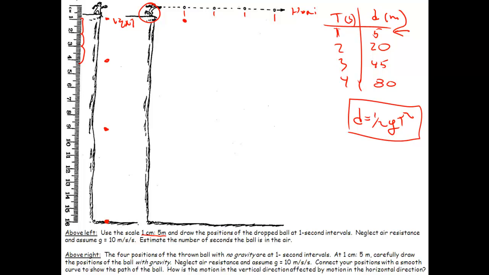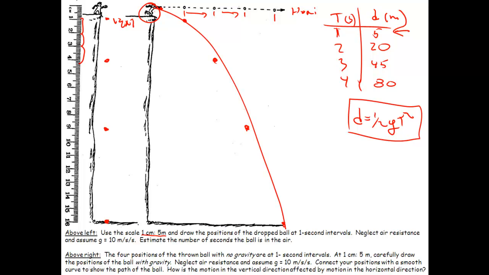So after 1 second, it's actually right here. It started in his hand, actually fell 5 meters. 2 seconds, it moved over, but it fell a total of 20 meters. 3 seconds, it moved over, the same distance horizontally, but it fell a much greater distance, 45. And so forth down the line, and we get a nice half parabola.